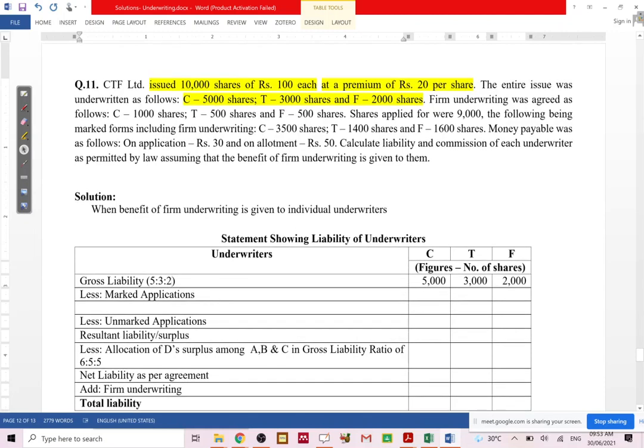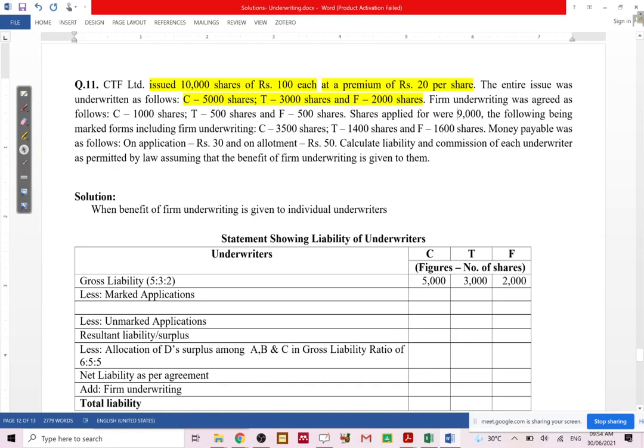Now, the next, most obvious step is to deduct the marked applications. What do they say? Firm underwriting is here. Shares applied for were 9,000. The following being marked forms, including firm underwriting. Normally, when total applications are given to us, they exclude firm underwriting, but in this problem the marked applications include firm underwriting.